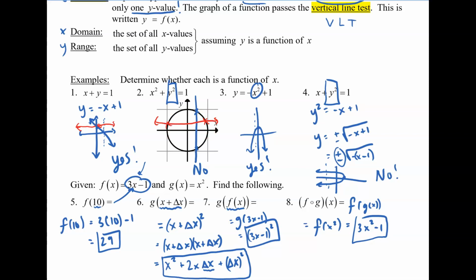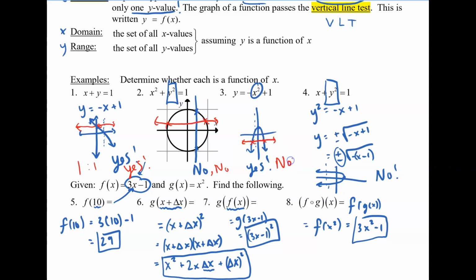So this, well, it wasn't even a function to begin with, but it is definitely not one-to-one. It doesn't pass the horizontal line test. So this case would be one-to-one. In example 3, if I draw a horizontal line, notice again we intersect at 2 locations.